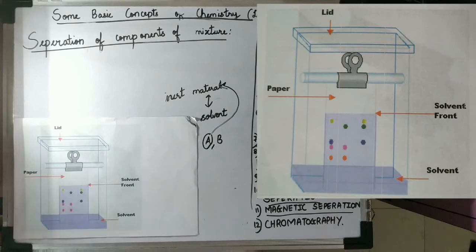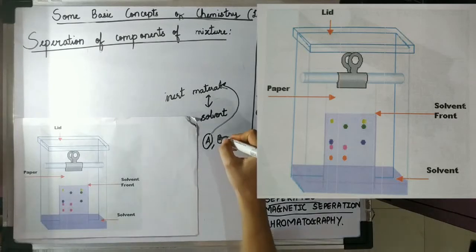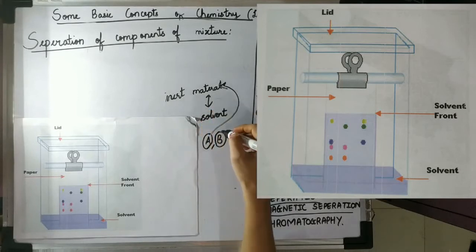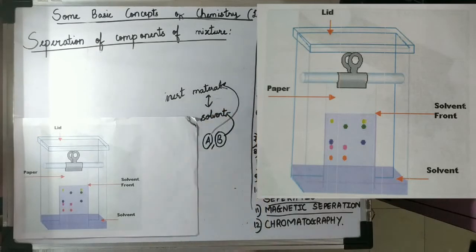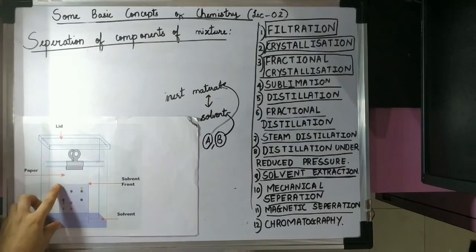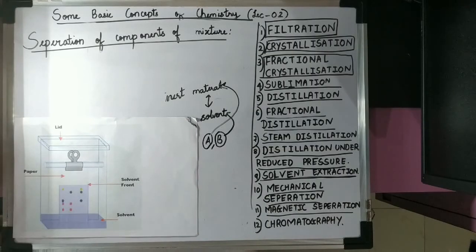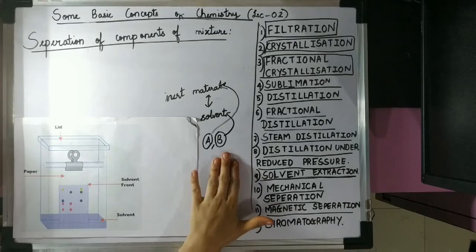Let's say B has more affinity for the solvent and not for the inert material. So B will flow with the solvent and will not try to remain on the inert material. As the solvent is flowing, the substance which I have named as B, which is yellow in this case, will flow with the solvent.